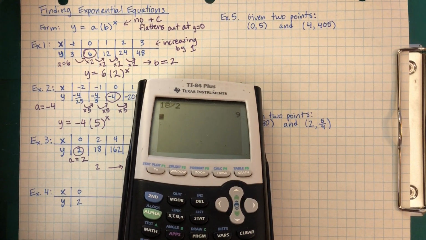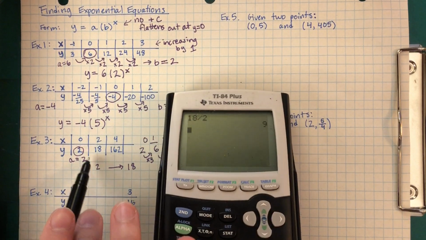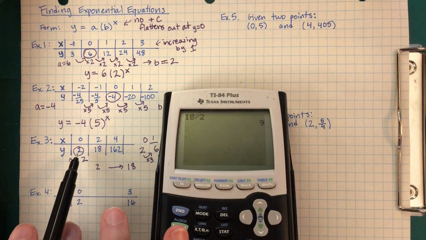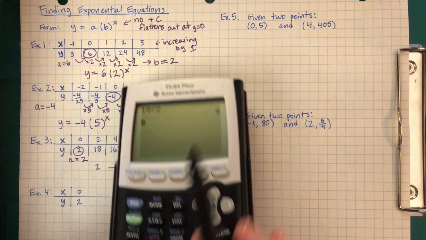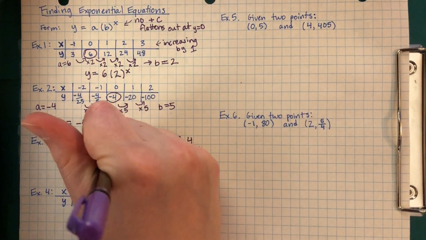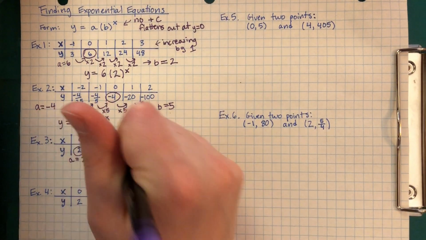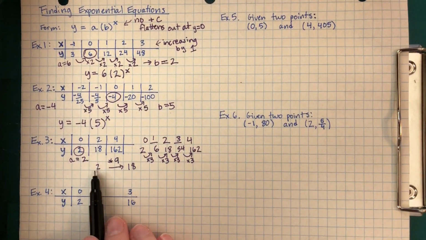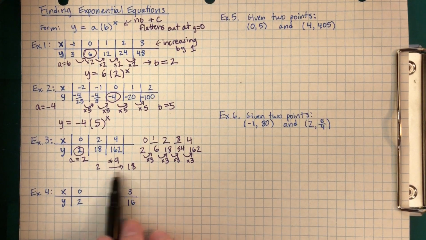So think about this. We divided those two y values, 18 divided by 2. We found 9. That means that to get from 2 to 18, we need to multiply by 9.